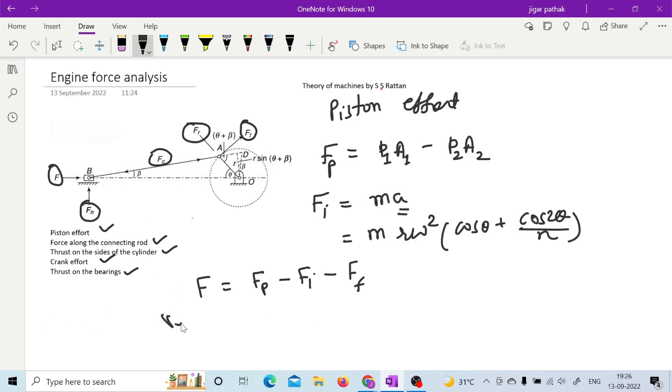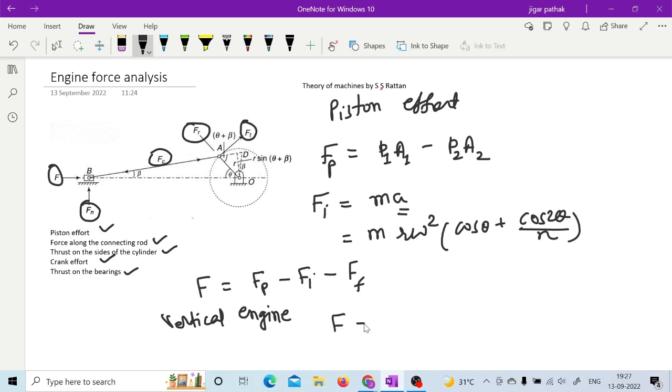But in case of a vertical engine, you will have that force component, or let us say weight force mg, right, that is also acting in the direction of motion of the piston.